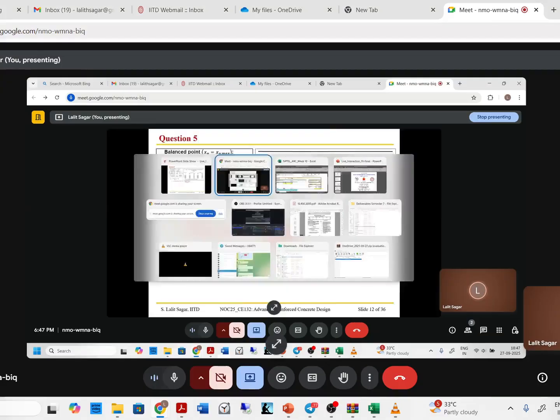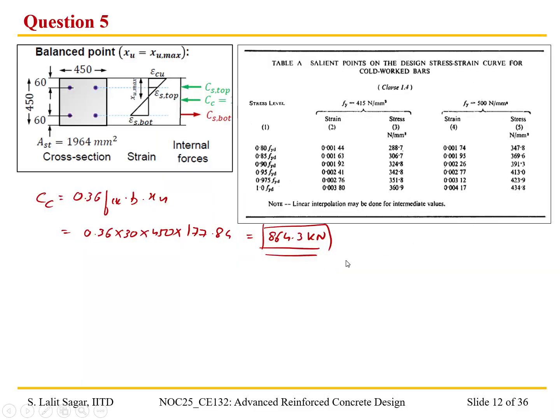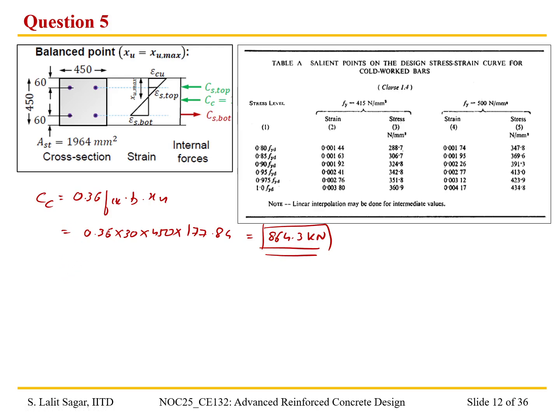So I request the participants also to check these values. No participants. Okay. And here we have CS is equal to FSC into ASC. And then we have, sorry, it has to be TS. TS is equal to FST into AST, right?